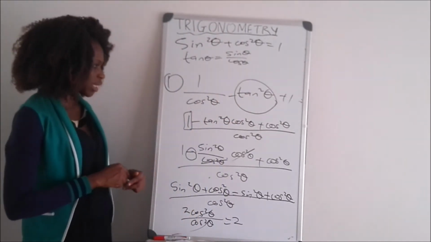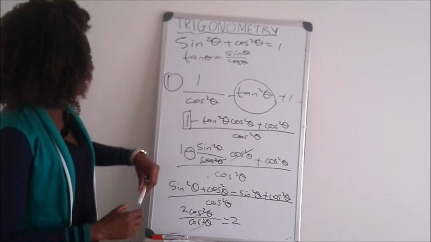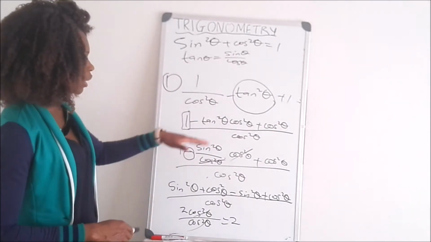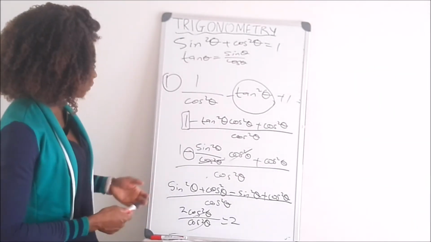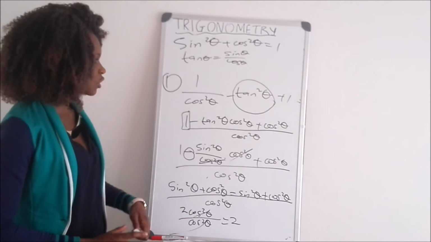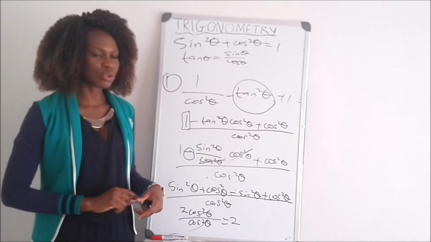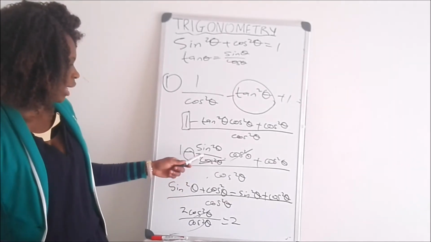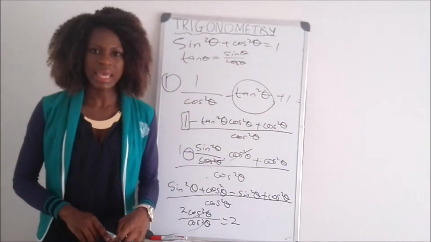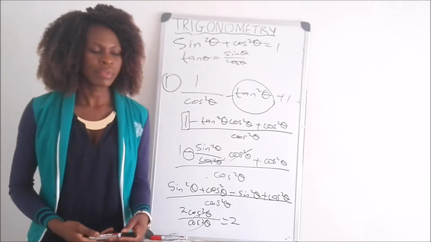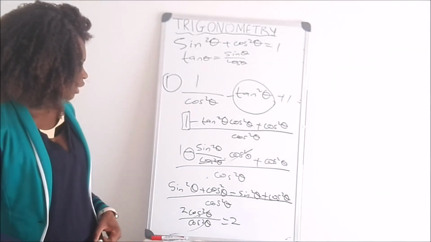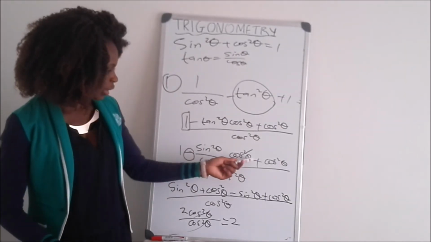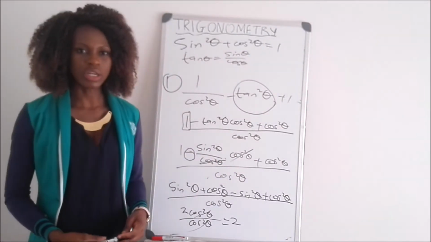Alright, did you see what we did in this question, guys? We were given this, and we first reduced the fraction by multiplying out so that we were left with one whole fraction. Then we changed tan squared theta to sine squared theta over cos squared theta. But we were still left with 1 minus sine squared theta plus cos squared theta, and that's not a simplified expression. We realized that this one is not an identity, that means it's not equal to 1.